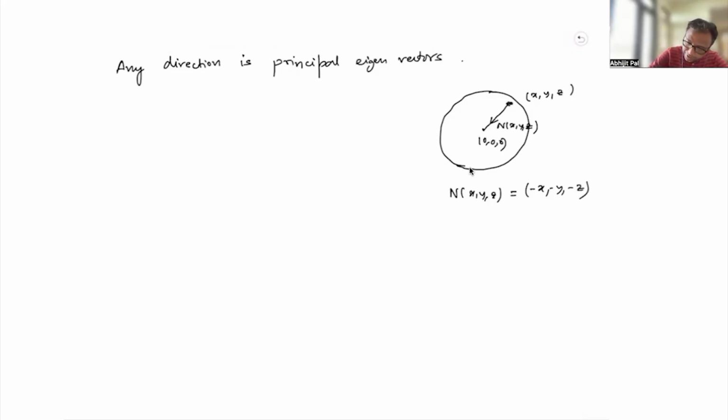And now if I take the tangent space at this point (x, y, z), and take any direction on this tangent space, meaning any tangent vector at the point, suppose this is my v, then dN_P(v) is equal to minus v, where P is (x, y, z) and v belongs to the tangent space.